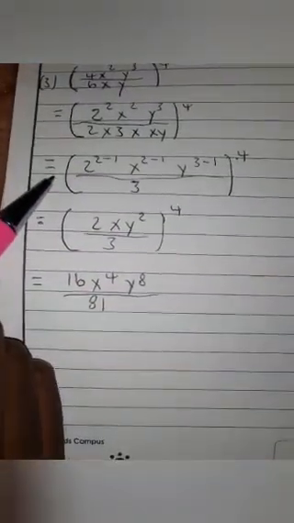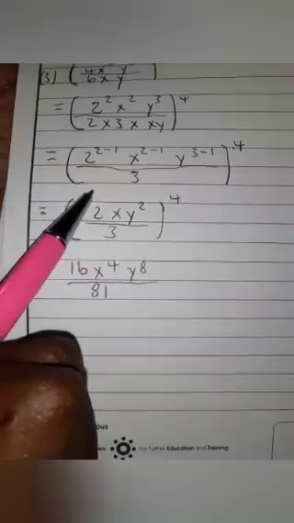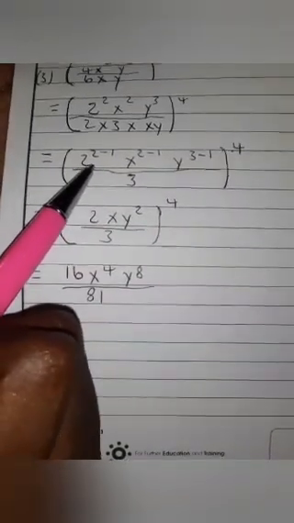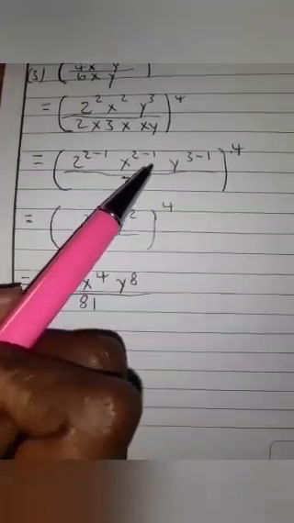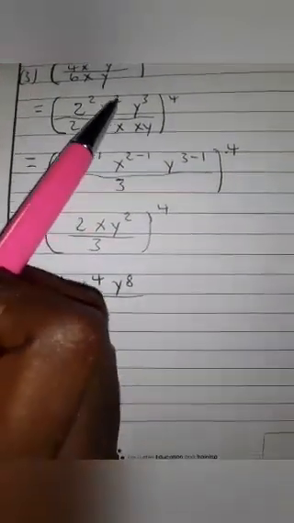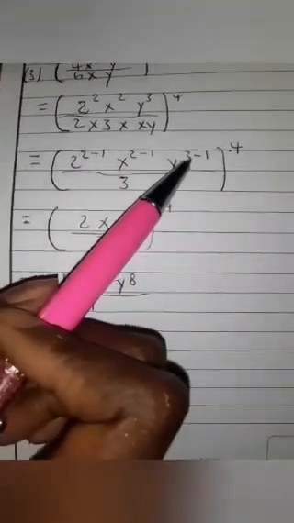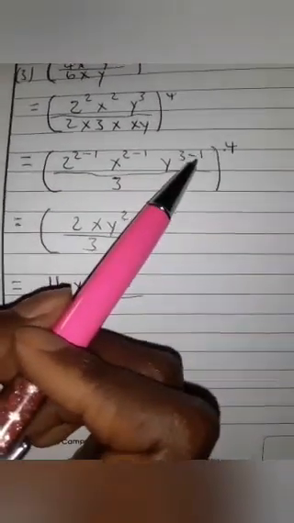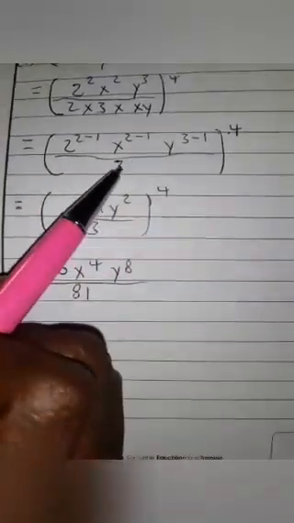Again, the following step is started by equal sign, open bracket, put 2 here, and then 2 minus 1, you put x, and then 2 again minus 1, and then y, put 3 here minus 1, right? Then put a division, and then we have 3.